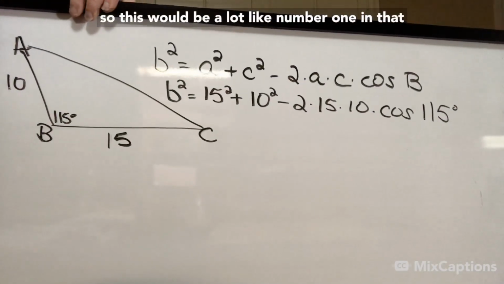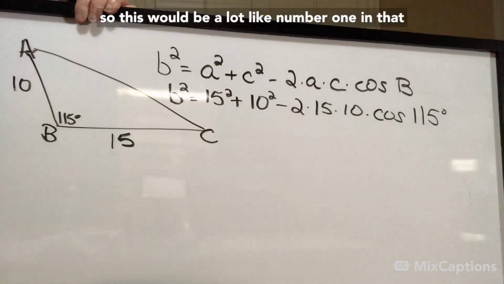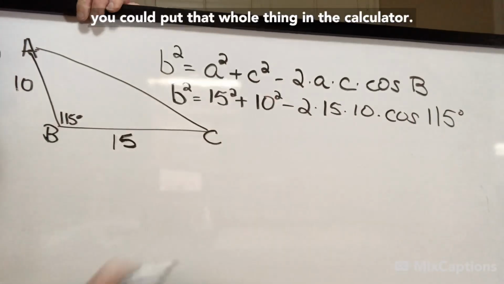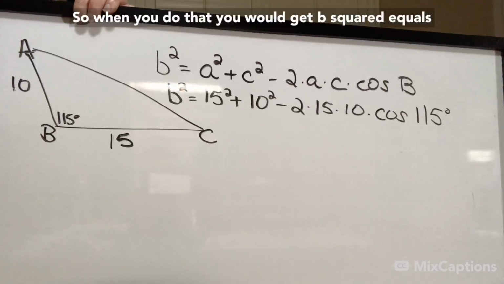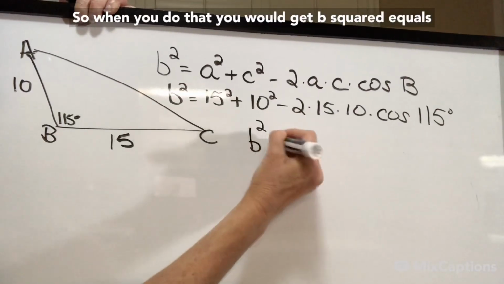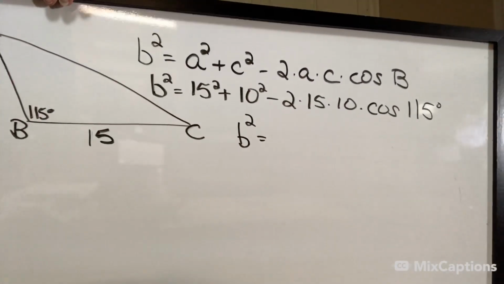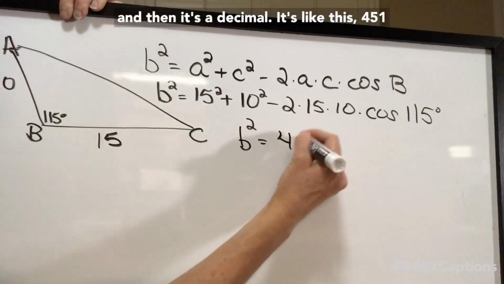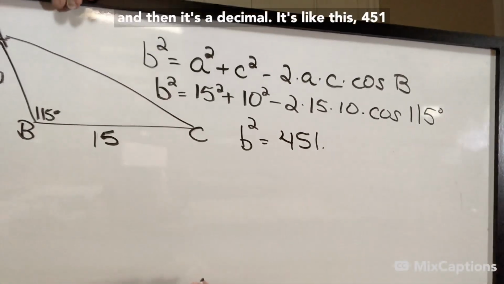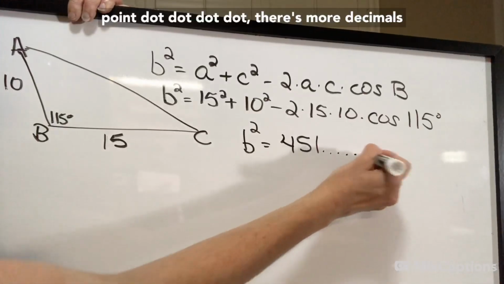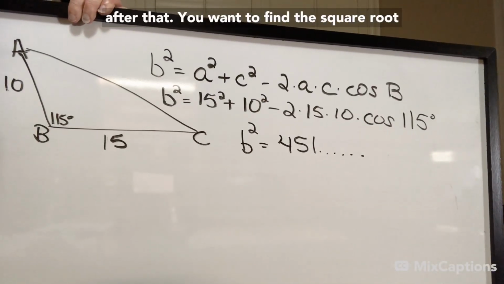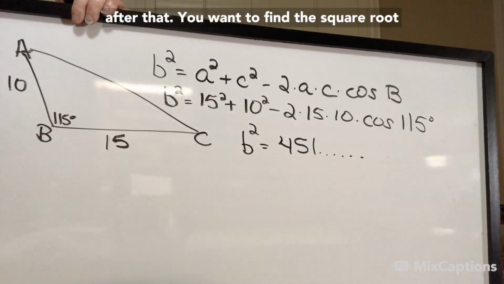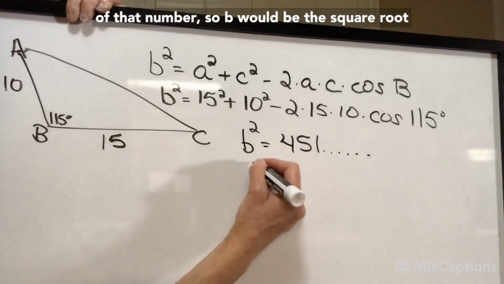Okay, so this would be a lot like number 1 in that you could put that whole thing in the calculator. So when you do that, you would get B squared equals, and it's a decimal, it's like this, 451 point, there's more decimals after that. You want to find the square root of that number.